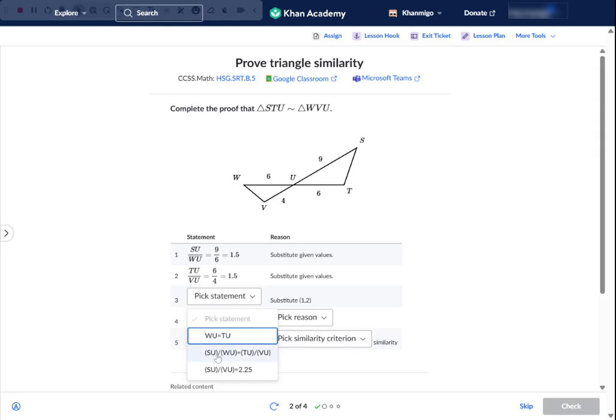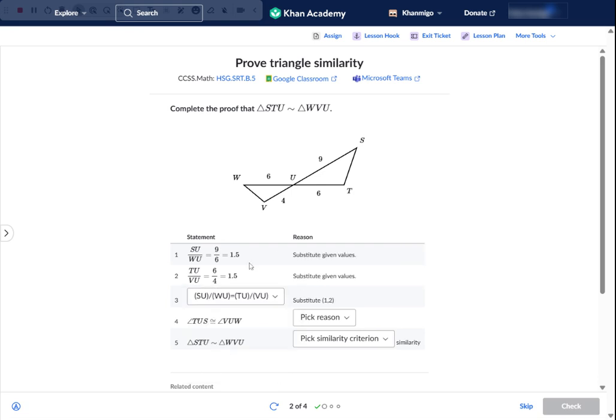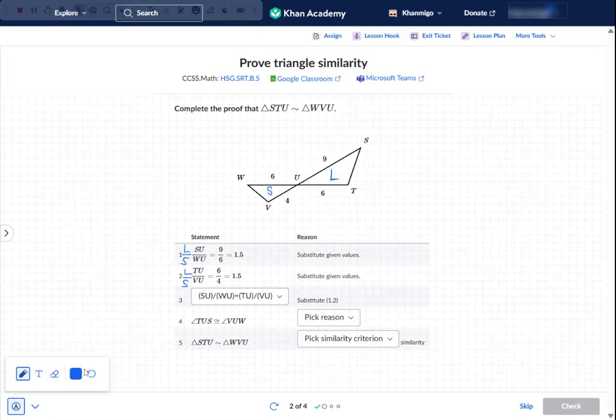SU over WU is equal to TU over VU. That works. That's what was given. So substitute step one and step two. We're just plugging in what we got. Because we just said, hey, look at that. Those are the same ratio. Huh, interesting.